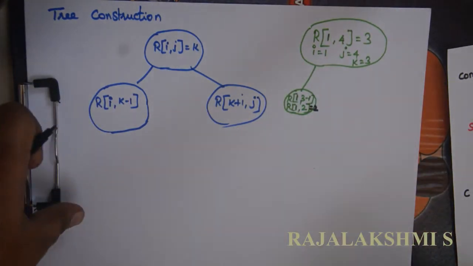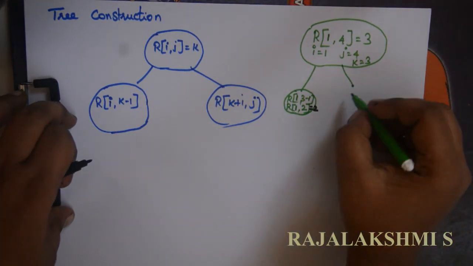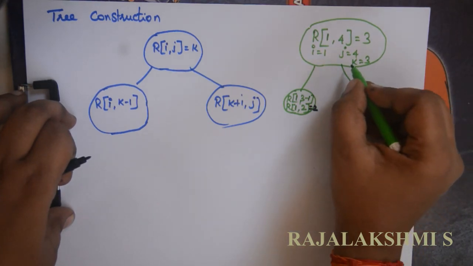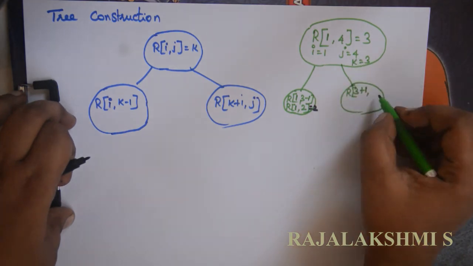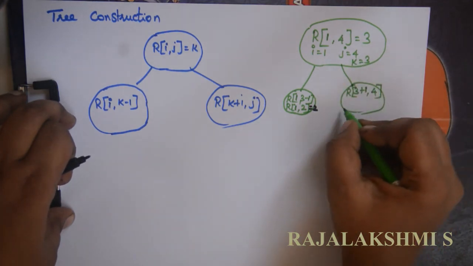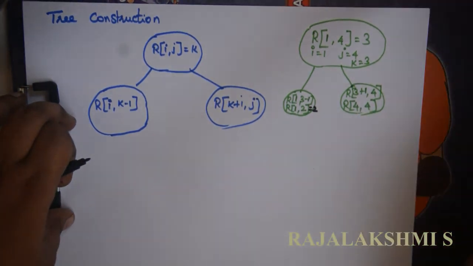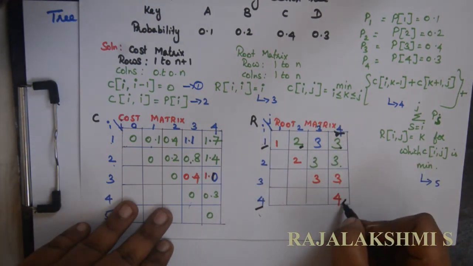And then the right child is r of k plus 1, which is 3 plus 1, comma j, which is 4. So it is r of 4 comma 4, which is 4 here.